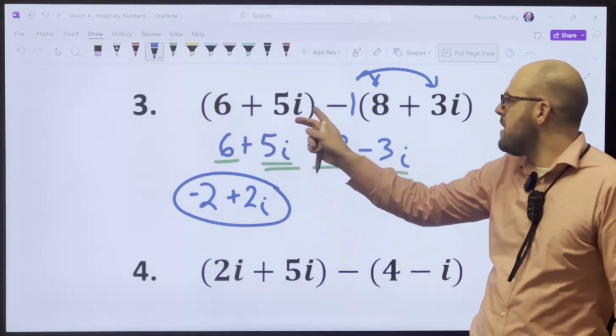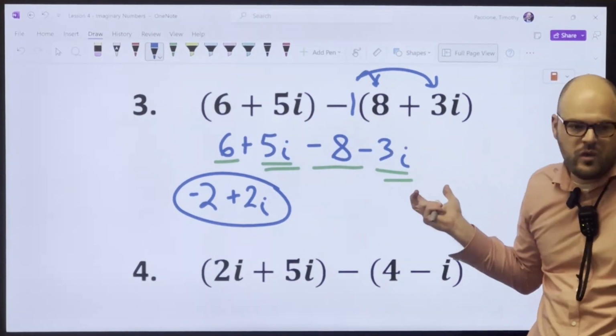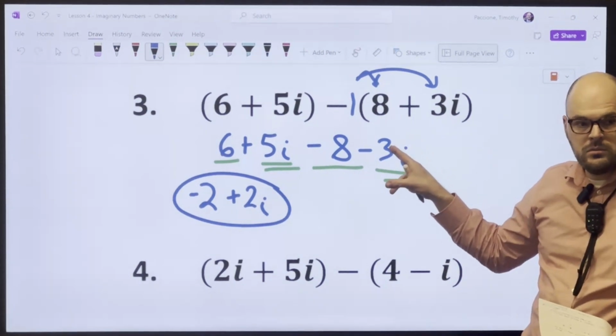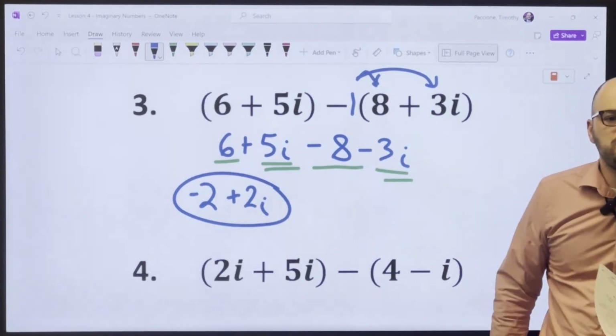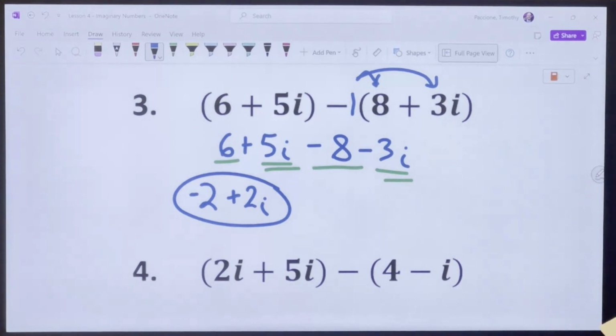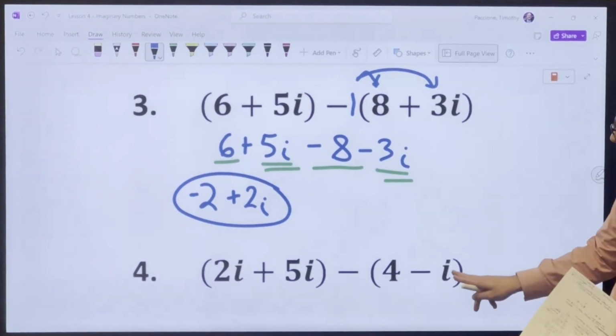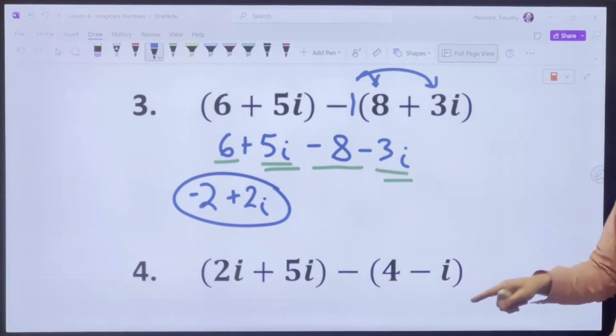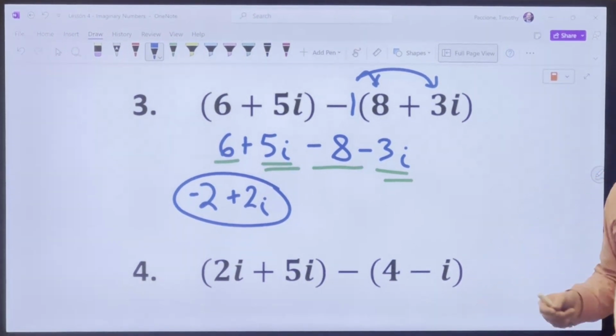It would be 6 plus 5x minus 8 plus 3x, and you would just distribute the negative, and then combine your like terms. The i by itself on the bottom one: if you had an x by itself, what would you imagine it was? When there's none, there's 1. So it's like 1i, and just treat it that way.